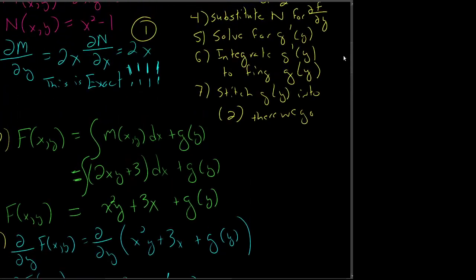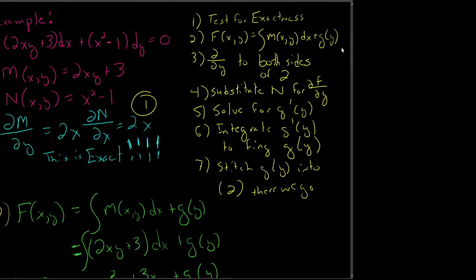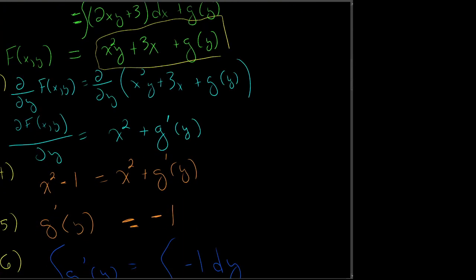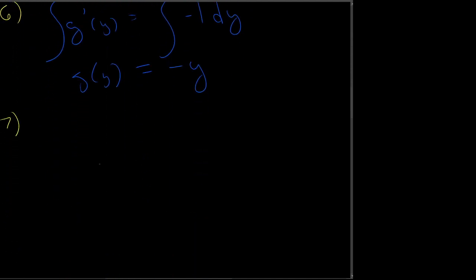So I come up here, and I go, what did I have up here? I need to take all of this and put my g of y into it. So I'll come down below. X squared y plus 3x. Let me state this nicely.